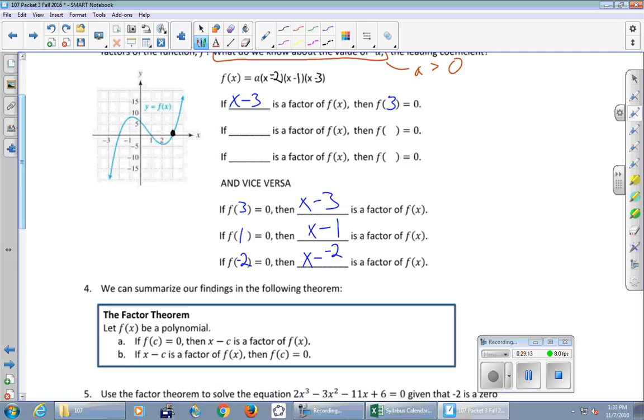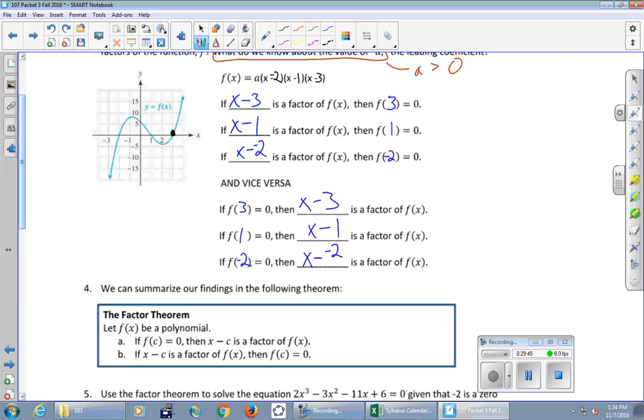Go ahead and fill in the other two blanks there as well. Okay, so x minus 1 meant f of 1 equals 0, and x minus -2 meant f of -2 is equal to 0.